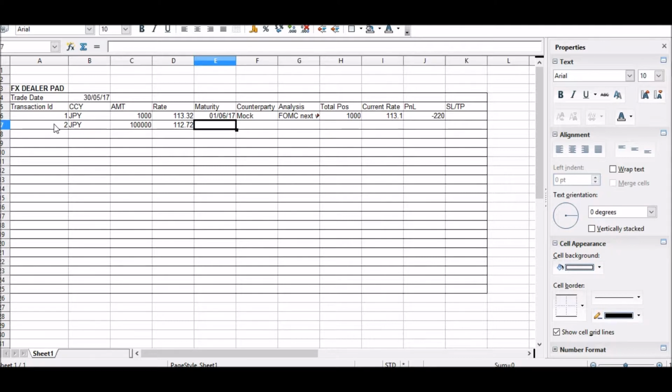We had a stop loss at 112.10. Anyway, you can enter these kinds of details in the dealer pad so that you know later on. So you jot down the reasons why you initiated a position and the reasons why you exited the trade.